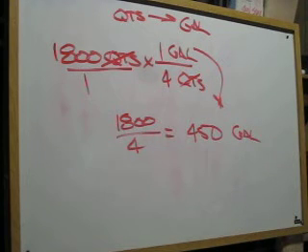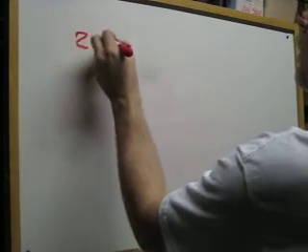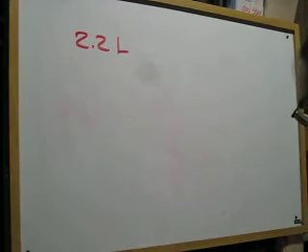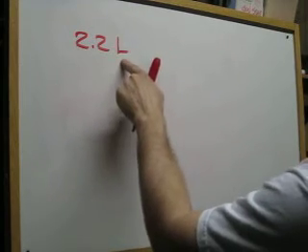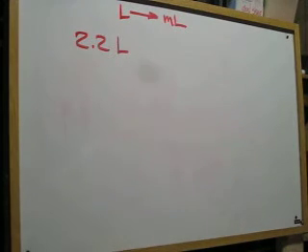Okay. The next part is volume in the metric system. Not much different as far as the volume in the metric system is concerned. Let's see if we can find a good example here. Sports car on page 584, example 9. Sports car has a 2.2 liter engine. What is the displacement in milliliters? So we're just changing liters to milliliters.